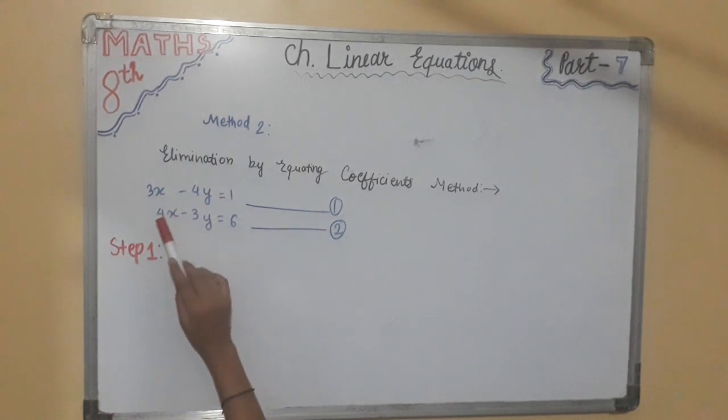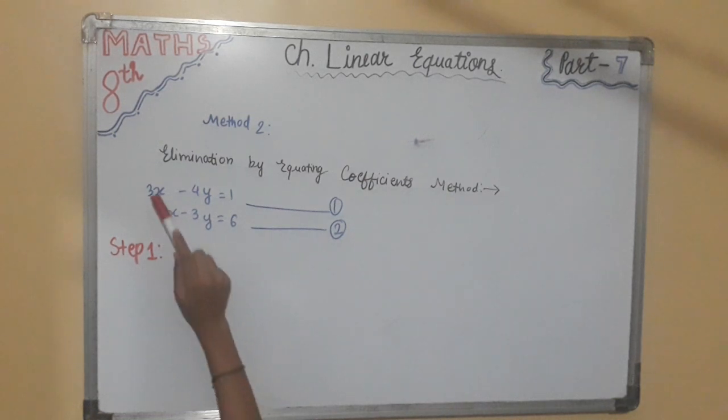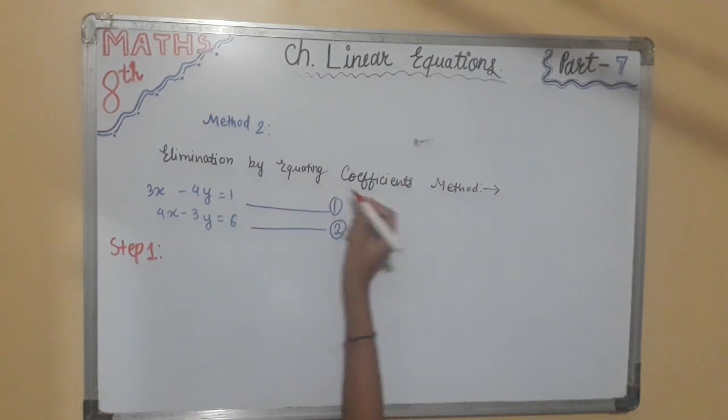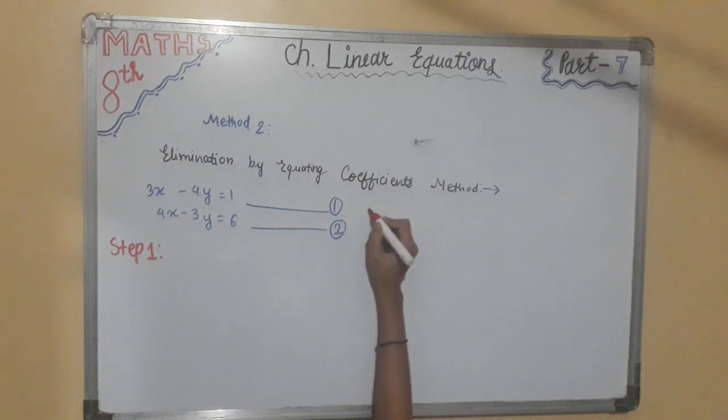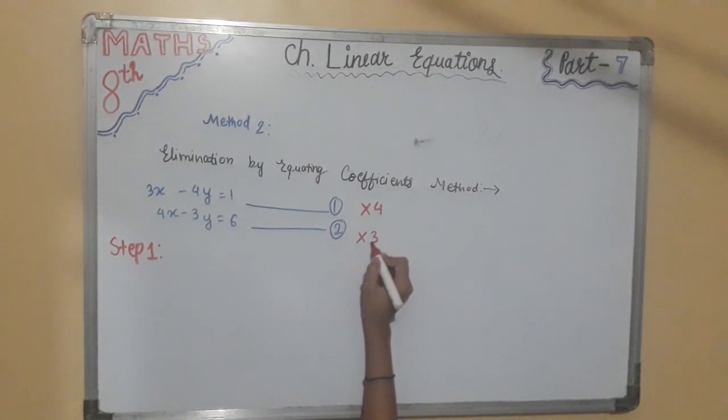If we take x, we have 3x and 4x, so we have to make the coefficient equal. For that we have to multiply the whole term 3x with 4 and this whole term with 3.